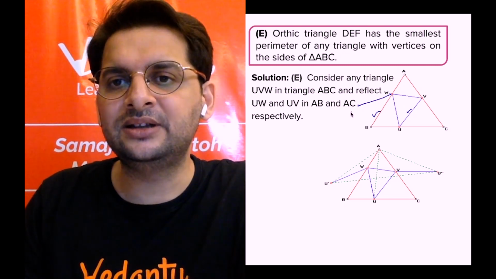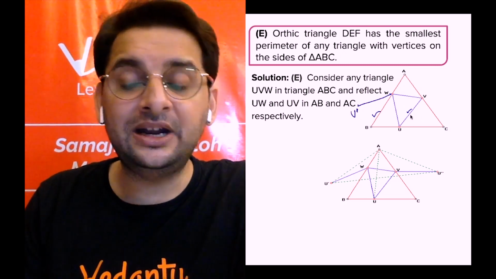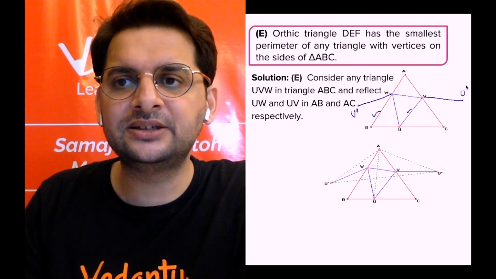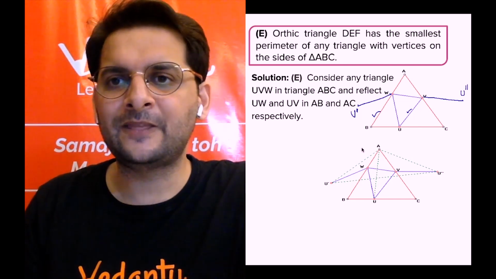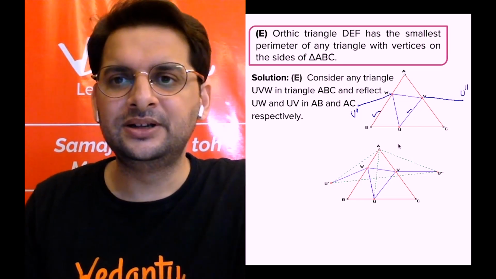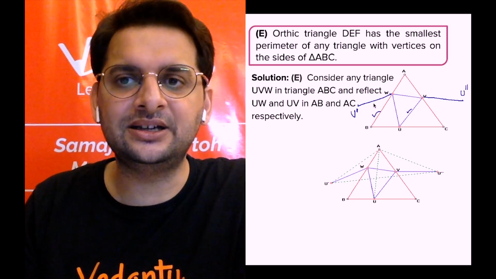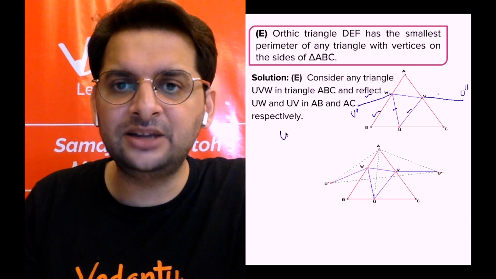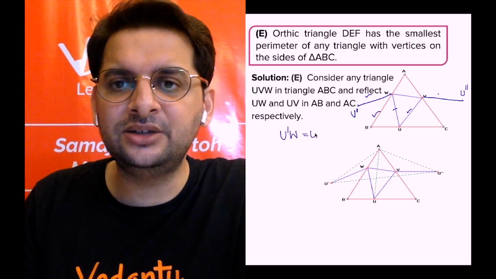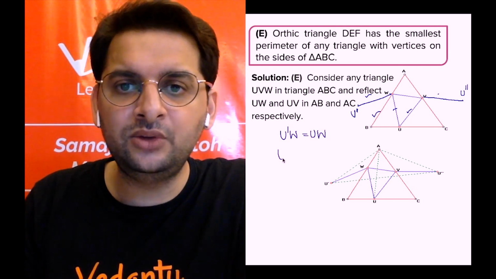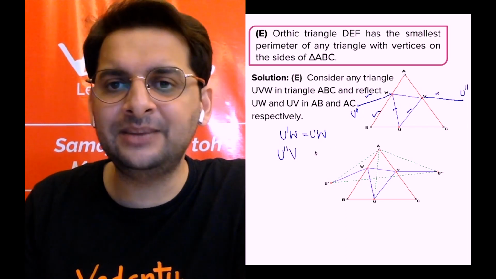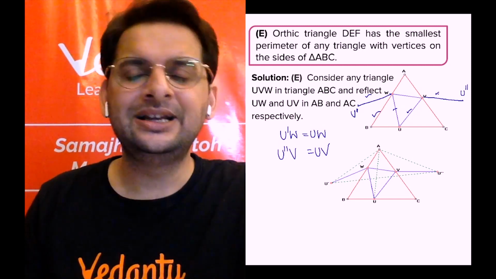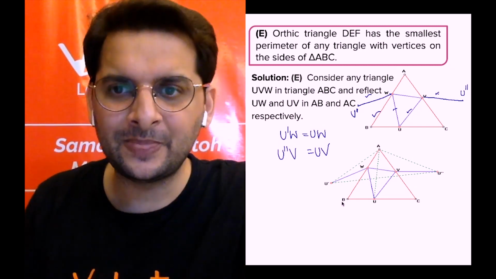U dash will be, let's say this point is U dash, and if I take the reflection of UV about AC, so this would be U double dash. No problem with this, right? Now, can I say if this is the reflection of UV and this is the reflection of this, U dash W is same as UW and U double dash V, this length, is same as UV. There's no problem with this, right? We all understand reflection में exactly same length रहती है.